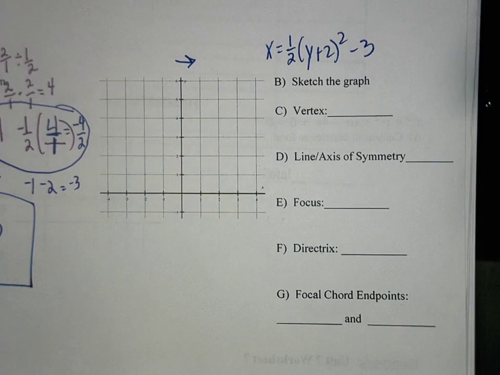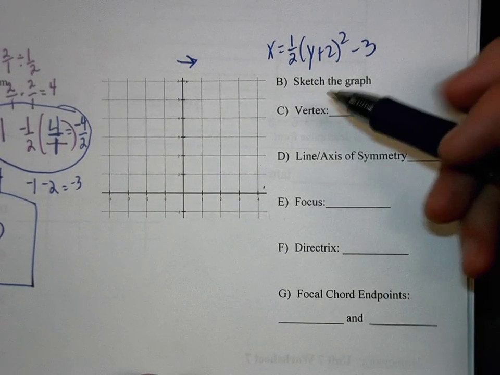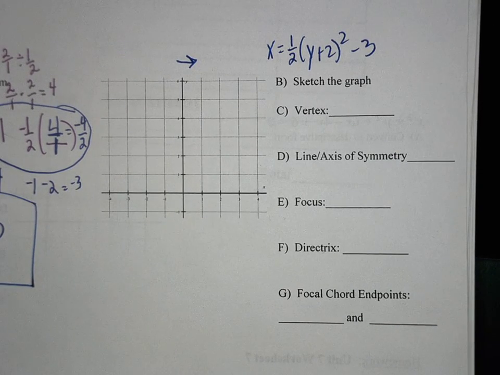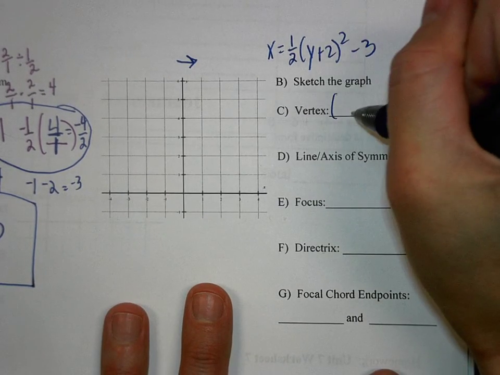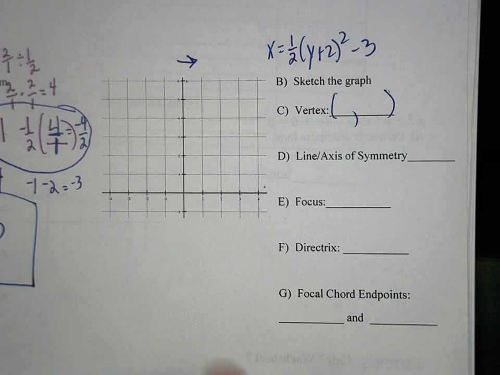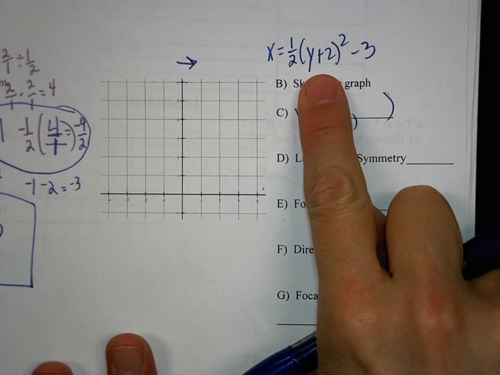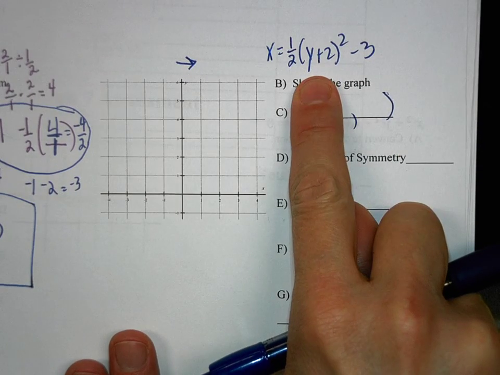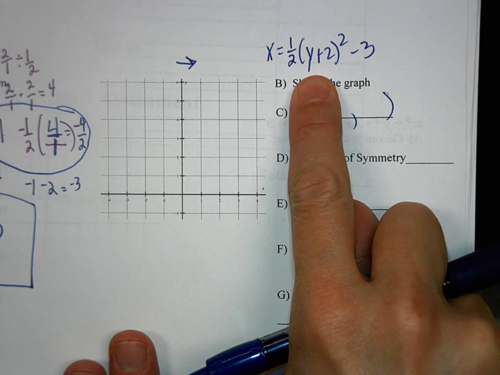Okay. Vertex. What will be my vertex? Very good. So some of you said it right, some of you said it wrong. Always pay attention. So you can make your parenthesis first, set this equal to 0. That's going to give me y equals -2, which means I need to put that in which spot?